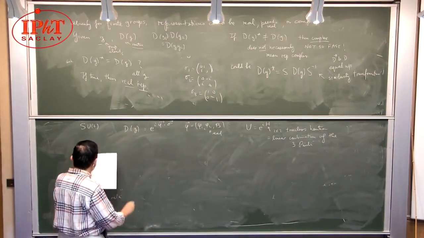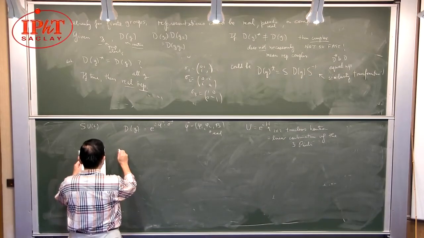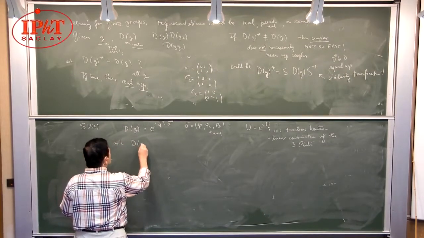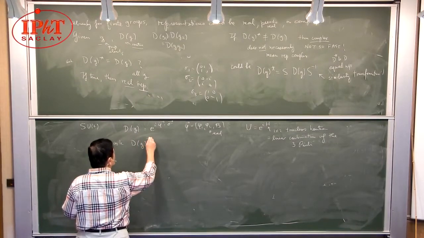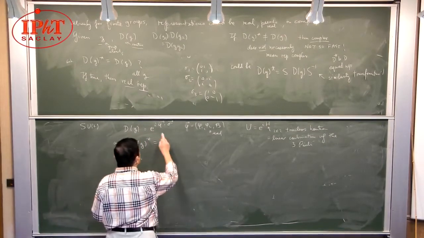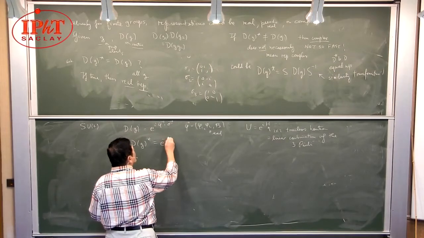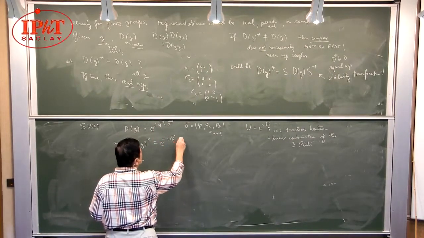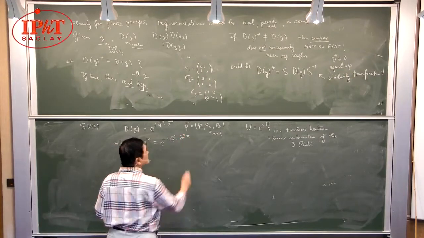So now we ask the question: is D of g star related to D of g? If I complex conjugate, I get this: the i goes into minus i, phi is real, and then sigma star.